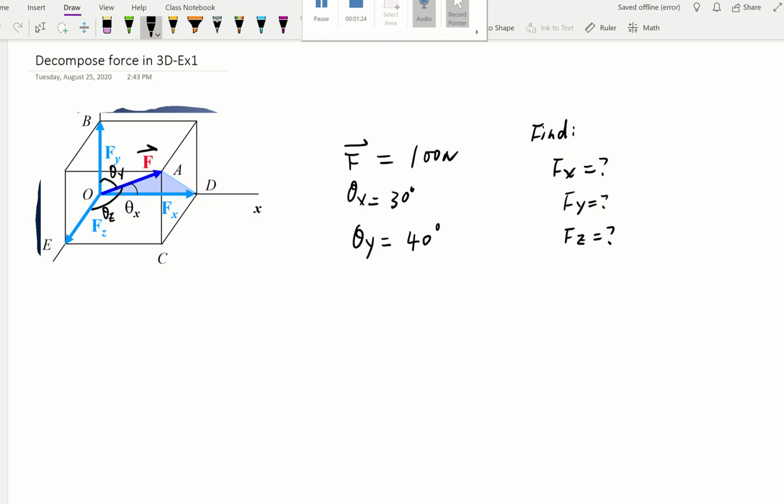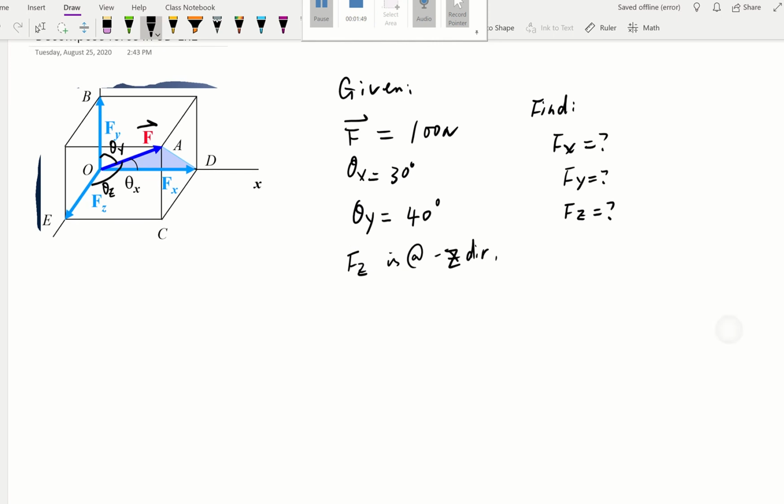And for this problem, they told us that Fz is in the negative z direction. So those are what's given, and we need to find those.